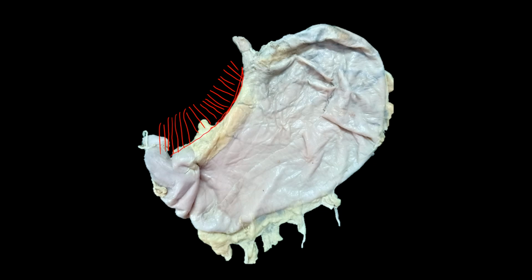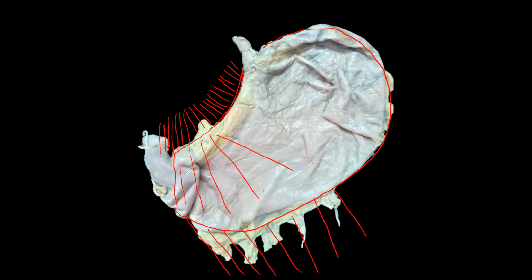Now, one layer of lesser omentum runs on the anterior surface of the stomach and another layer runs on the posterior surface of the stomach. At the level of reaching the greater curvature, it forms another peritoneal reflection which is known as greater omentum.